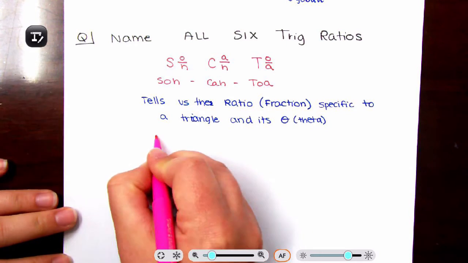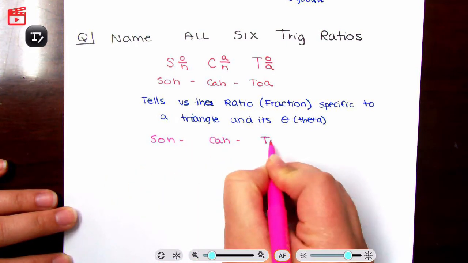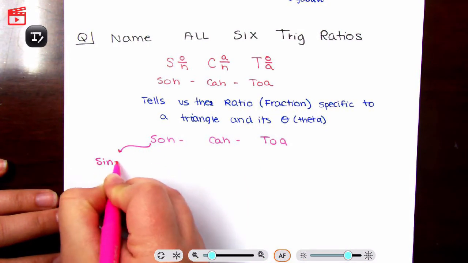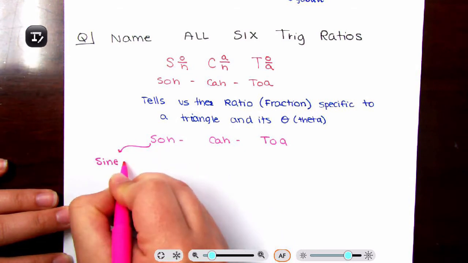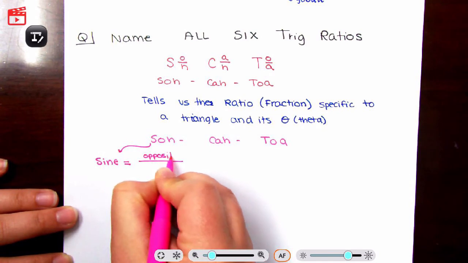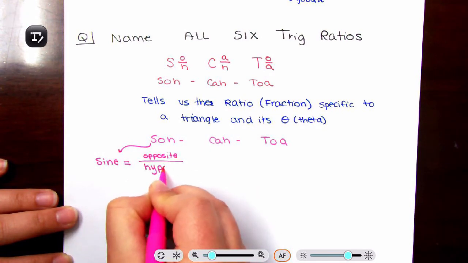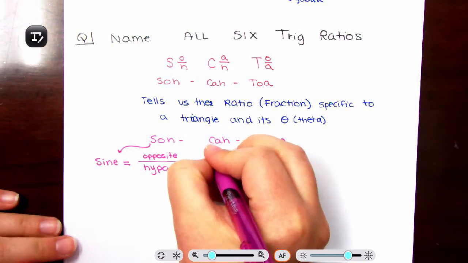So let's talk about SOHCAHTOA one more time. The S represents sine, S-I-N-E. The O represents the opposite side. The H represents the hypotenuse. The C represents cosine.